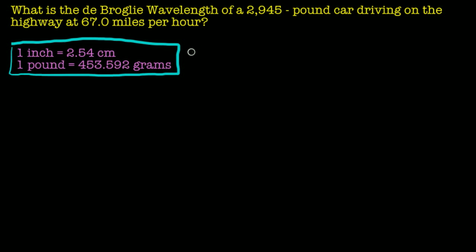If you want to pause the video now, and hopefully now you've unpaused the video, I'm going to start working through this. The very first thing to remember is the de Broglie equation for wavelength. Our wavelength, lambda, is equal to Planck's constant h divided by our mass times our velocity.